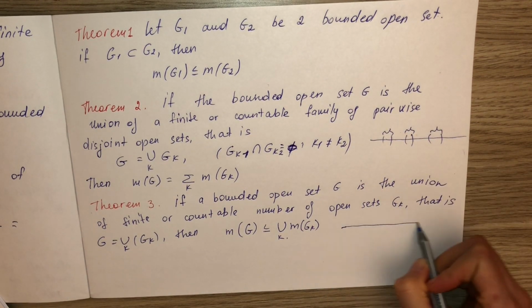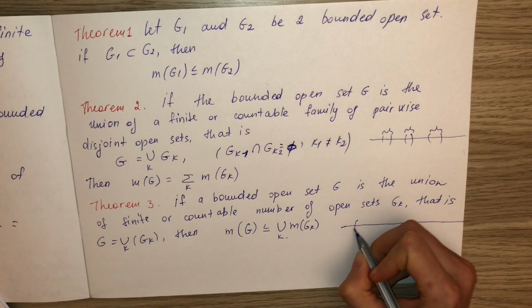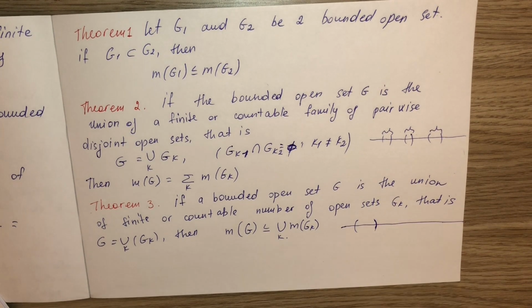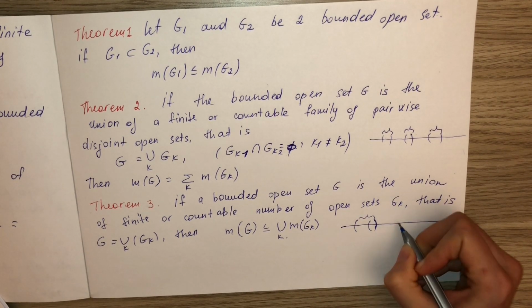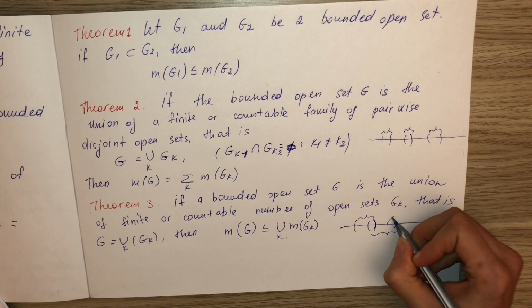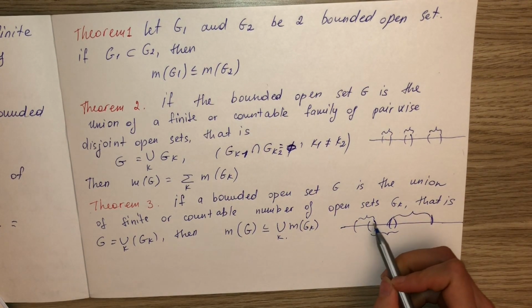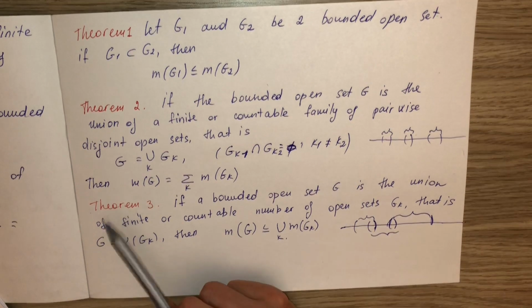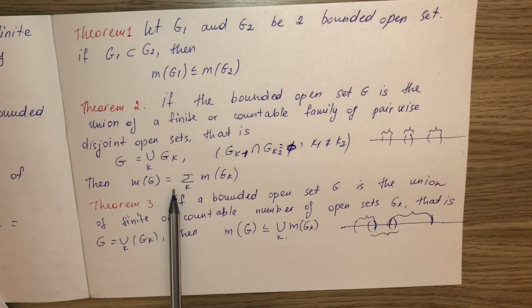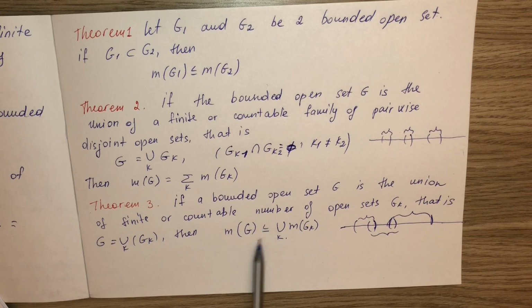But here the G_k are, for example, let it be the first set, the second set, the third set. You know, they have common elements. So here the measure is equal to the sum, but here, sorry, not length, the measure is less than or equal to the sum of m(G_k).